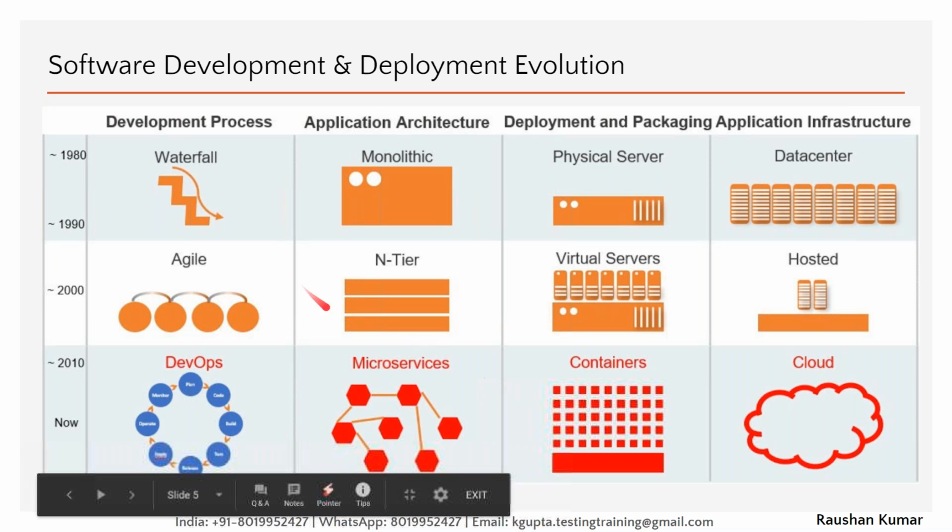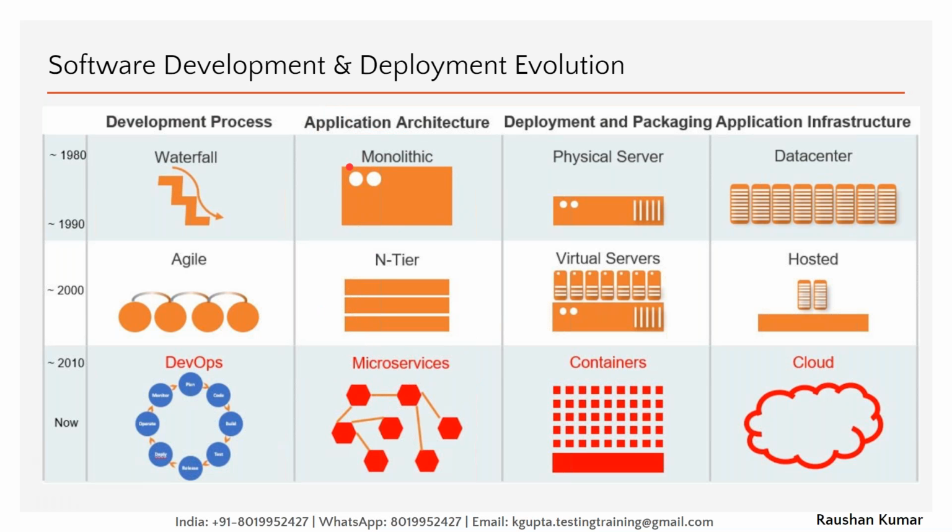And now we have microservices here. As we all know, we had a monolithic way of development when we started, so all our business logic was hosted in one particular server, like an application server. But we entered the phase of n-tier applications.